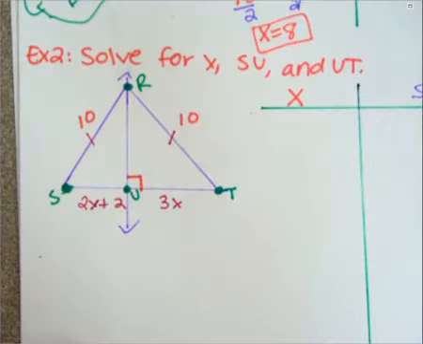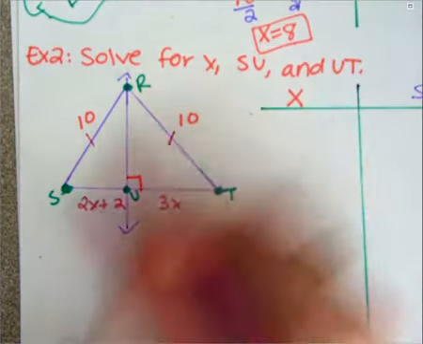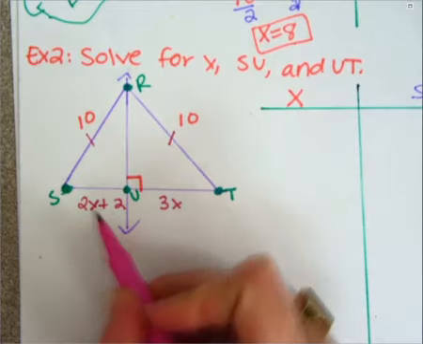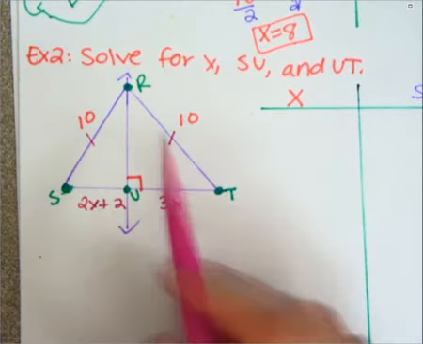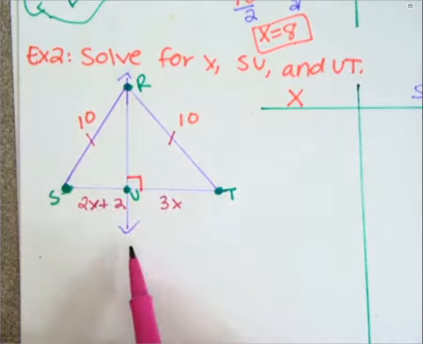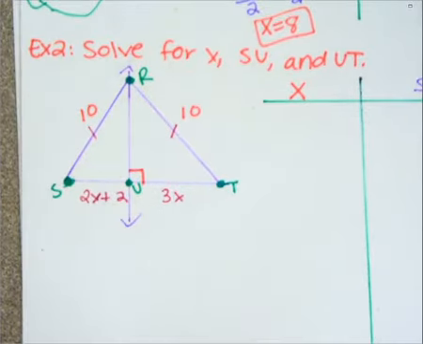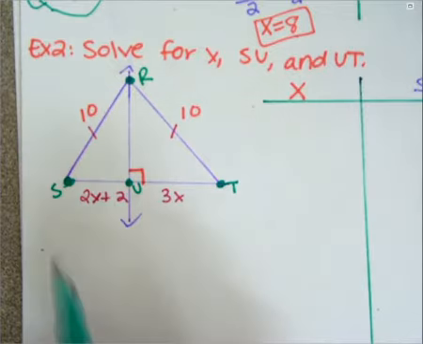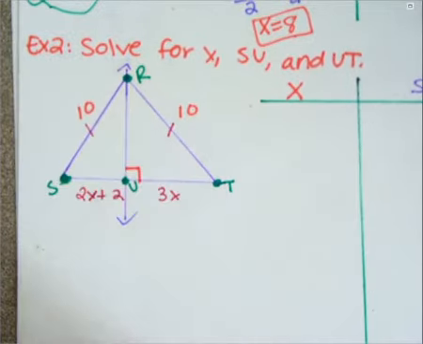And since there's a point that is congruent to two other points located on the same segment, that means point R is located on a perpendicular bisector. So line RU is a perpendicular bisector. Which means we can now use the perpendicular bisector theorem.